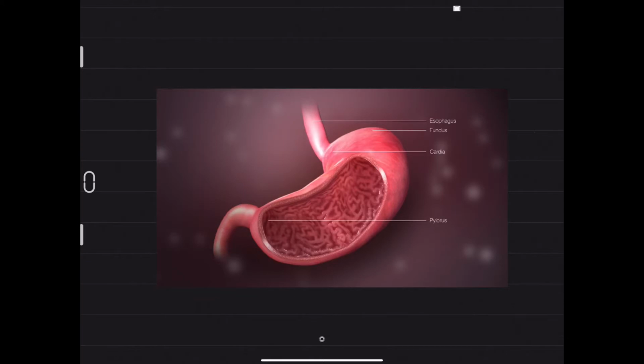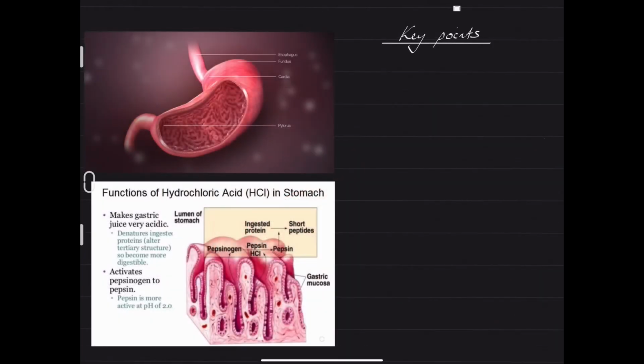So we're going to put this all into a few bullet points that I want you to take down as well. So let us take some key points down for the enzyme protease and how its activity is regulated by the stomach. Okay, so the first point is, let's talk about enzymes in general.